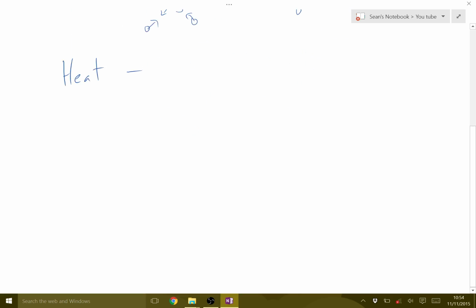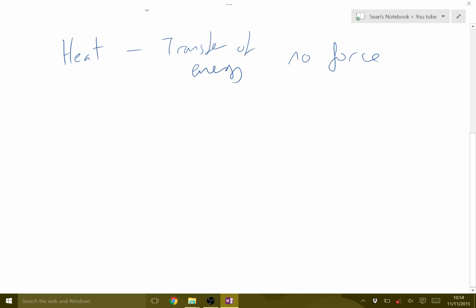Now heat is a transfer of energy without involving any kind of force. So with no force. So this would be like putting a Bunsen burner under something. Okay, you're putting energy into the system, but you're not actually pushing. You're not exerting any kind of force.